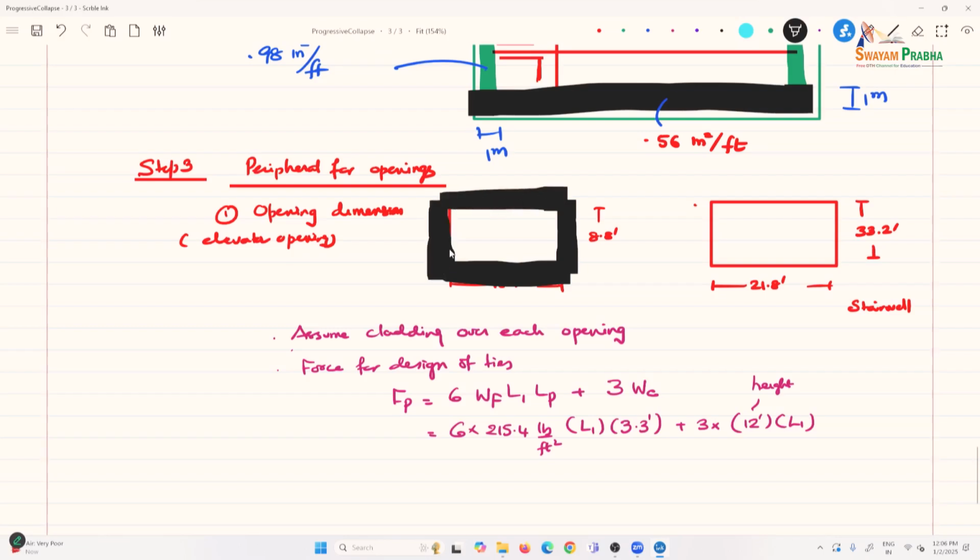We are just taking L1 to be that one. So 12 times L1, and this is 20 PSF. So divide all of it by 1000. This is in PSF, so dividing the whole thing by 1000 comes to approximately 5.0 L1 kips per foot.